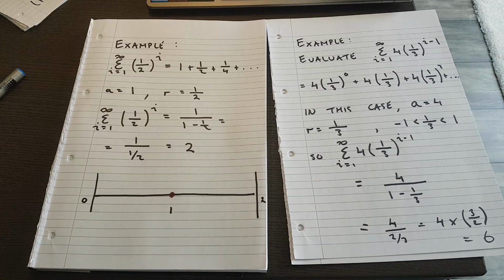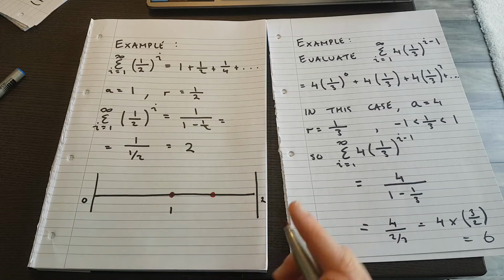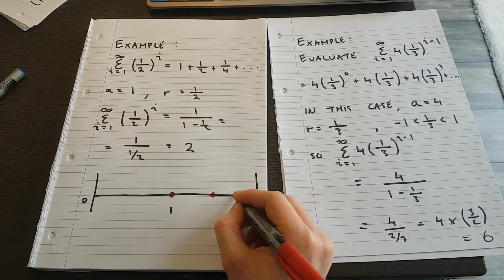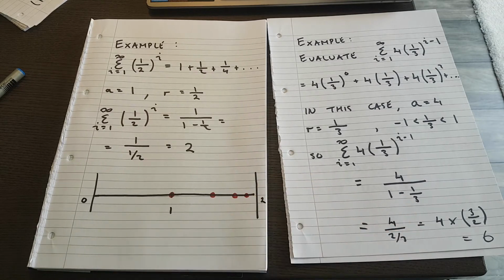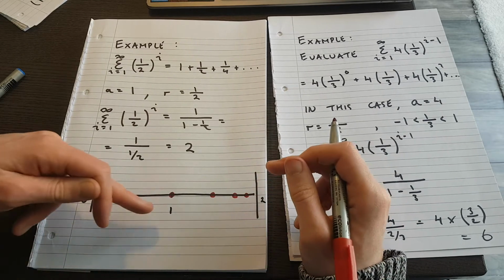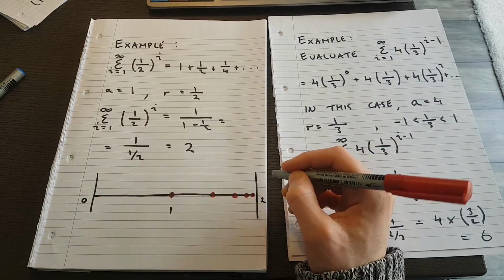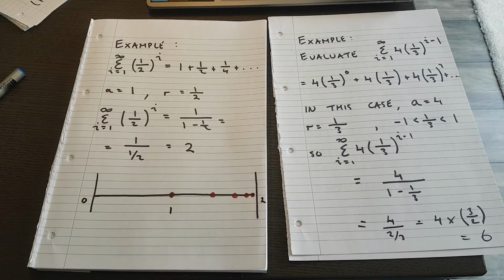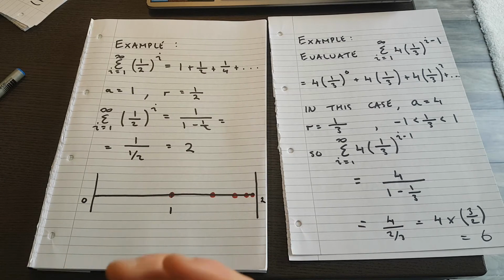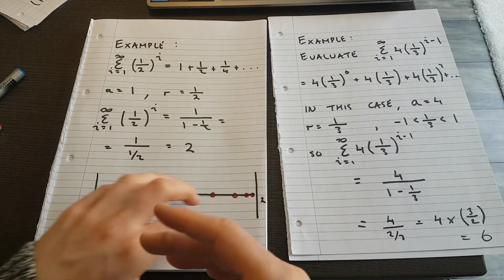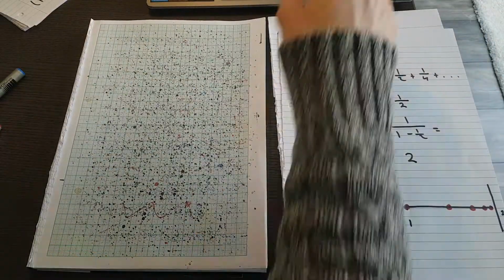Then I'm going to add on 1/4, which means I get halfway between my answer and 2. Next time I'm going to add on 1/8, which means I get halfway between my answer and 2, and so on. So as I keep going halfway towards 2 each time, that distance gets smaller and smaller, and in the limit, when I go to infinity, I'm actually going to hit the 2. So in the limit it converges to a value of 2.